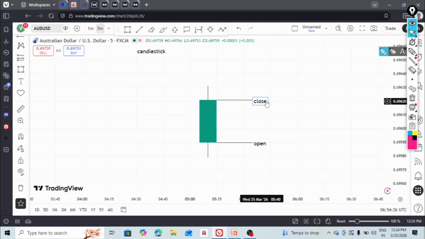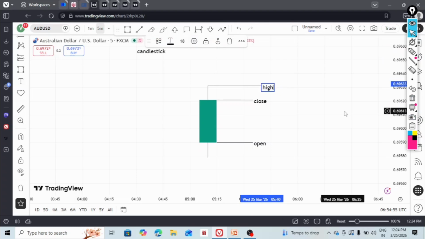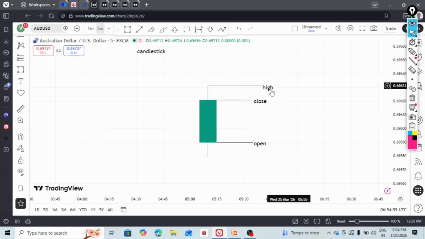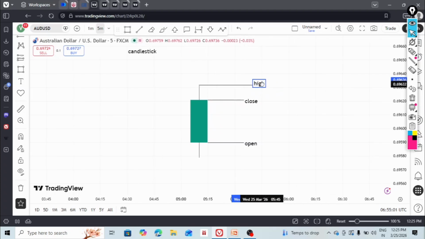The highest point the price reached is here. This is the high, which means the highest price reached during this time frame.